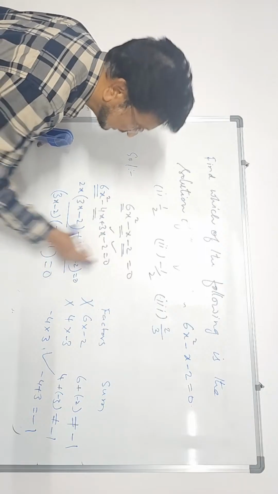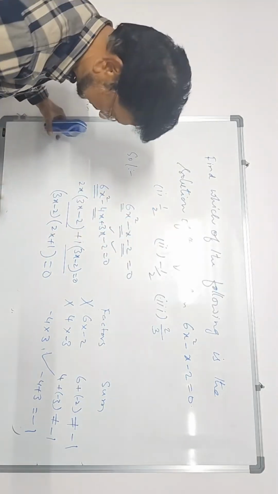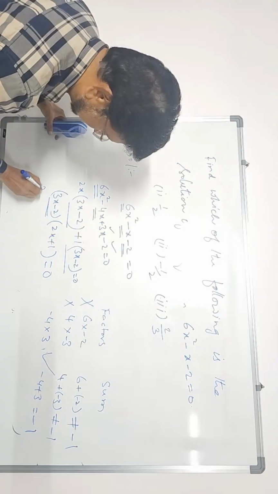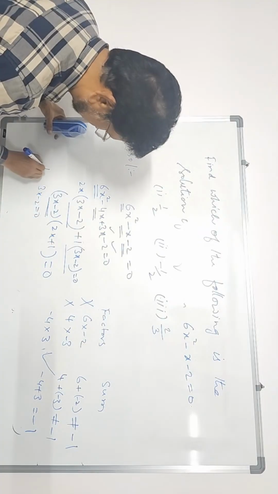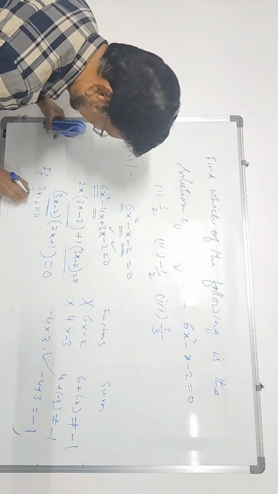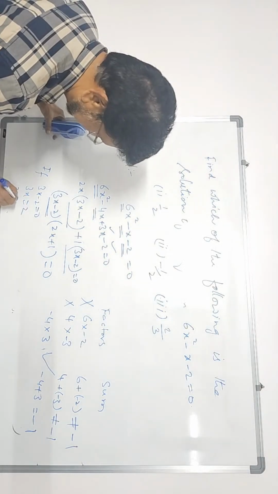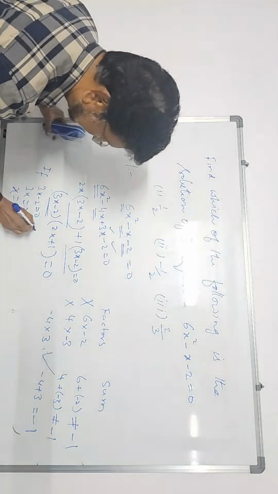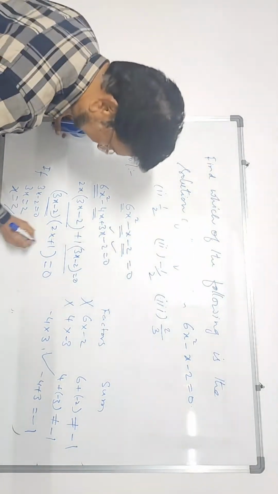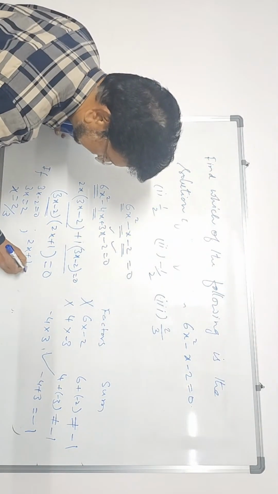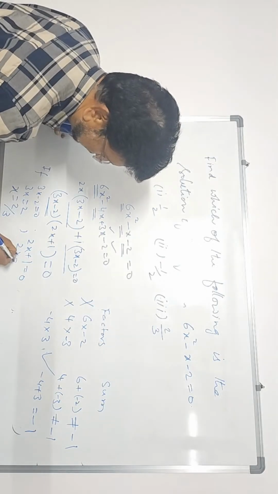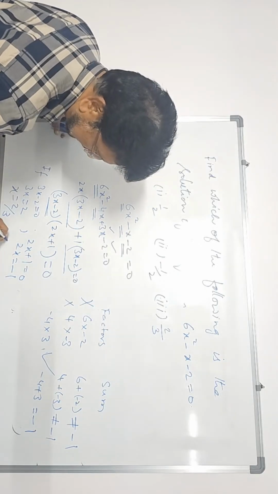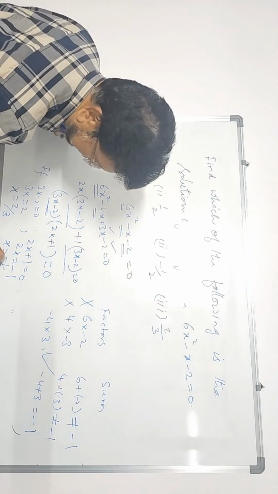These are the two factors of this given equation. If you take this as 0, you will get 3x is equal to 2, then x is equal to 2 by 3. First answer of x we got. Now if you take this 0, 2x is equal to plus 1 becomes minus 1. x is equal to minus 1 by 2.